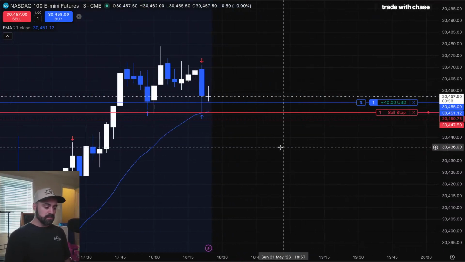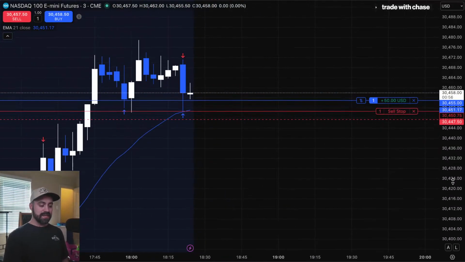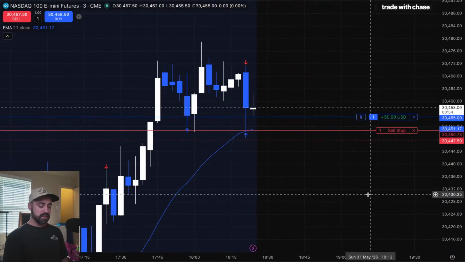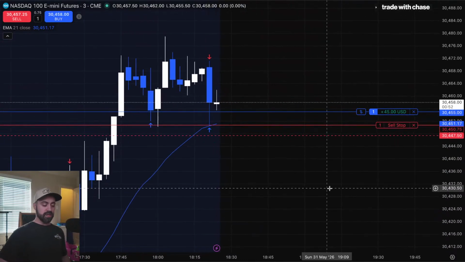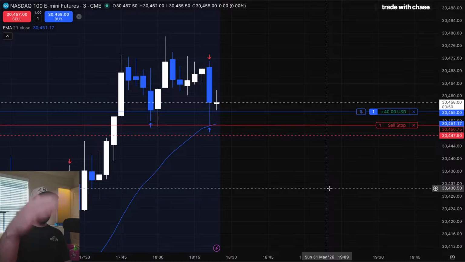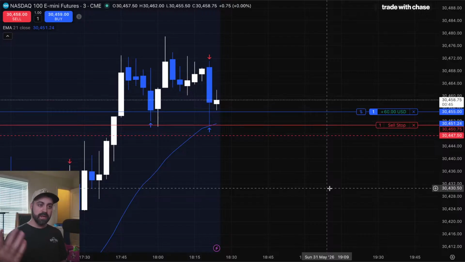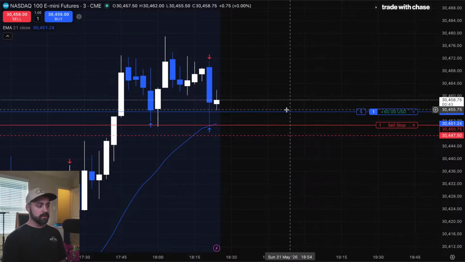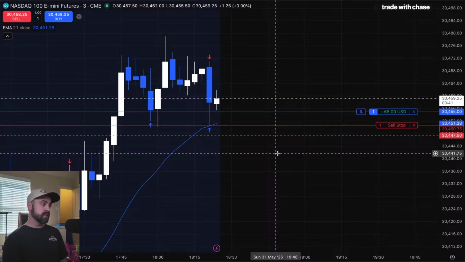So I try and keep it simple, and nowadays I'm just taking trades off the 21 EMA, catching a little bit of a bounce off of them, exiting, and then waiting for the next pullback.